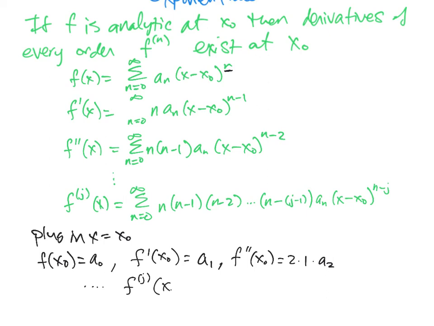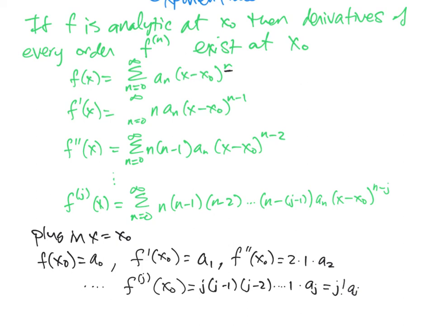The jth derivative at x naught equals, now we're looking for when n equals j, and we'll get j times (j minus 1) times (j minus 2) times down to 1 times a_j, which of course is equal to j factorial times a_j.